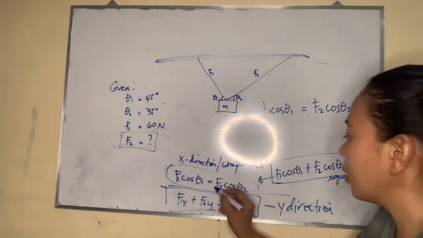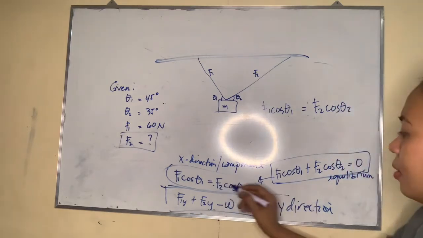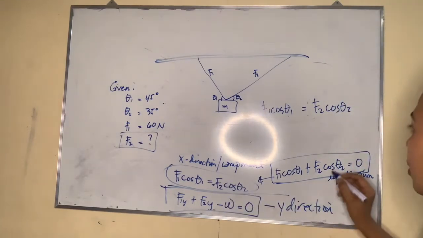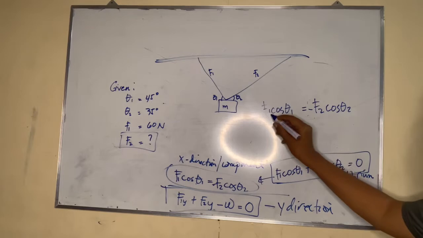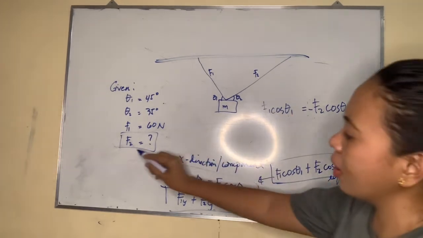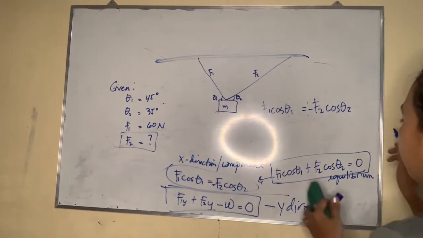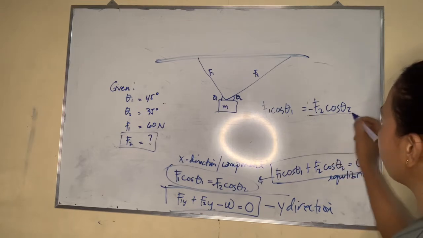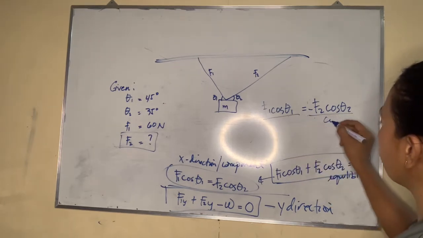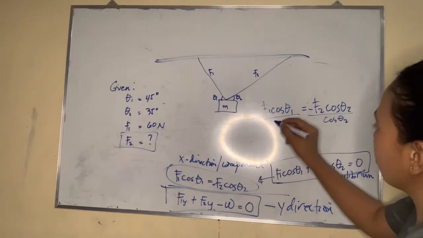So, this is negative. If we're going to use this equation to get F2, we are going to just divide both sides by cosine theta 2.